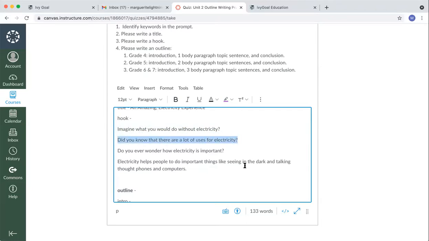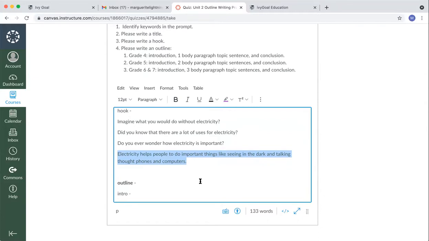Did you know that there are a lot of uses for electricity? Good. Hal, can you read this next one, please? Do you ever wonder how electricity is important? Good. Elaine, can you read this next one, please? Electricity helps people to do important things like seeing in the dark and talking.